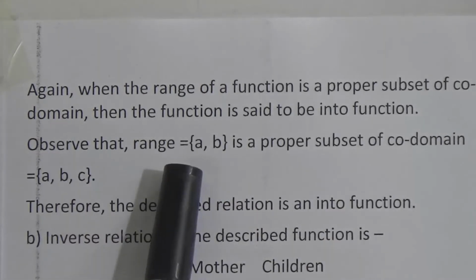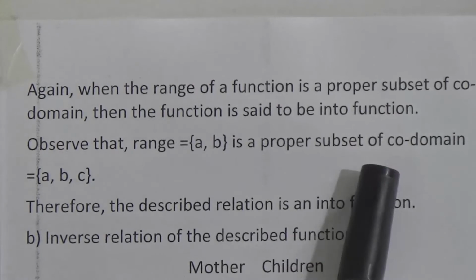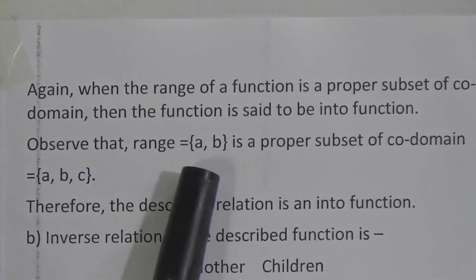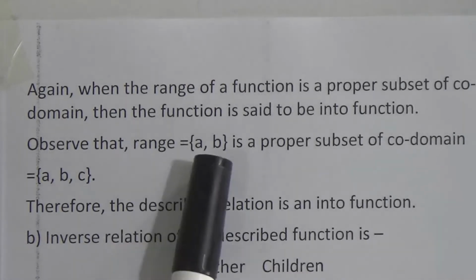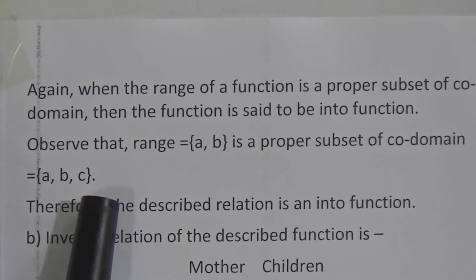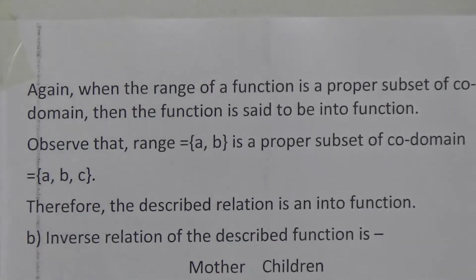Observe that the range {a, b} is a proper subset of the codomain {a, b, c}. It means that this set of range elements, the images, is a proper subset of the codomain. So the described relation is an into function. It means that the described function is an into function.